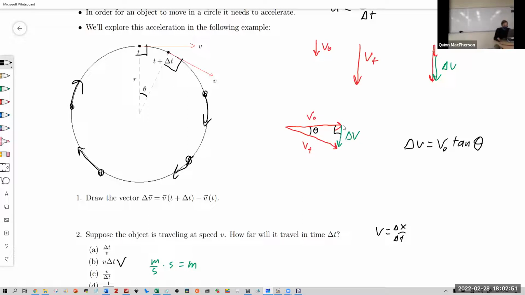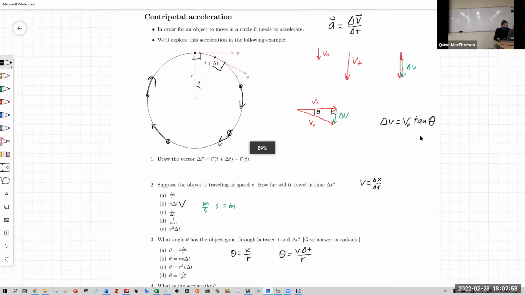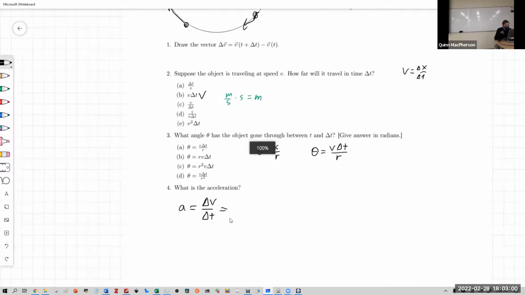So in my acceleration, I've got v naught tangent theta over time, delta t.